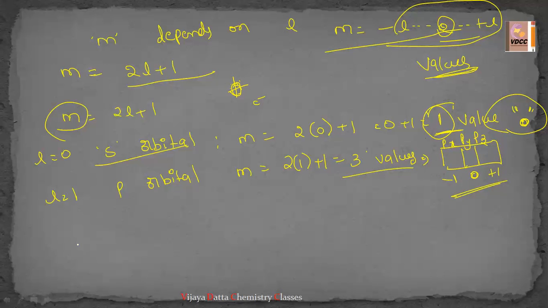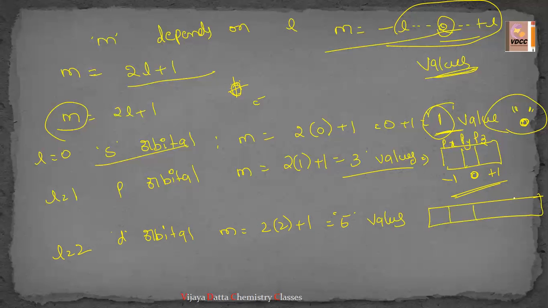When l equal to 2, that is the d orbital. Then 2 into 2 plus 1, so the d orbital has 5 values. Why does it have 5 values? Because d can split into 5 degenerate orbitals: dxy, dyz, dzx, dx square minus y square, dz square. These five values are minus l to plus l including 0.